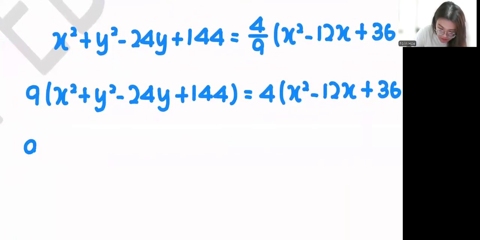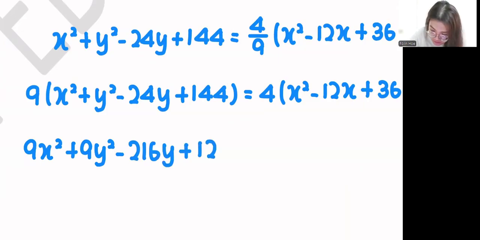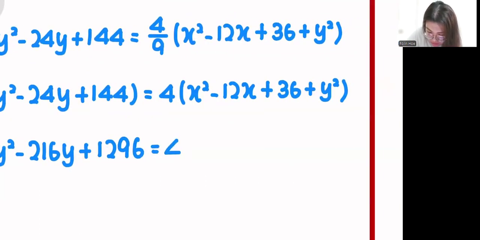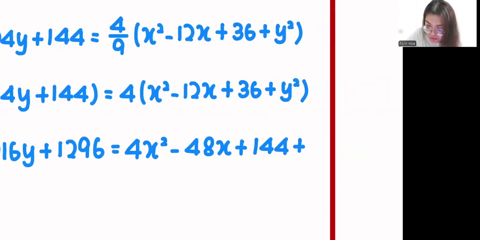Next, open up: 9x square plus 9y square minus 216y plus 1296 equals to 4x square minus 48x plus 144 plus 4y square.